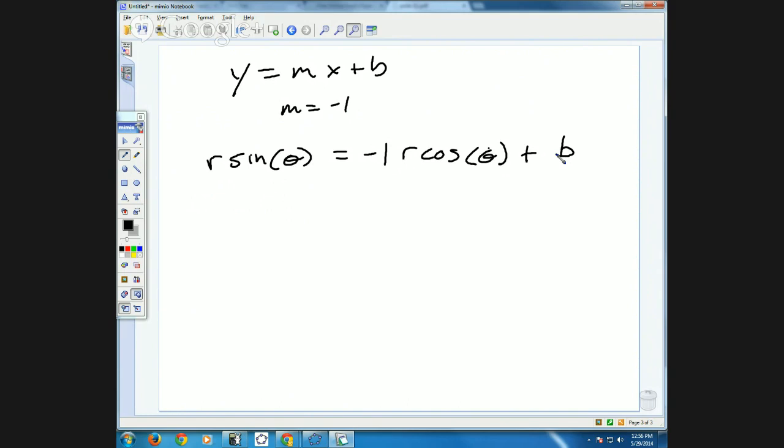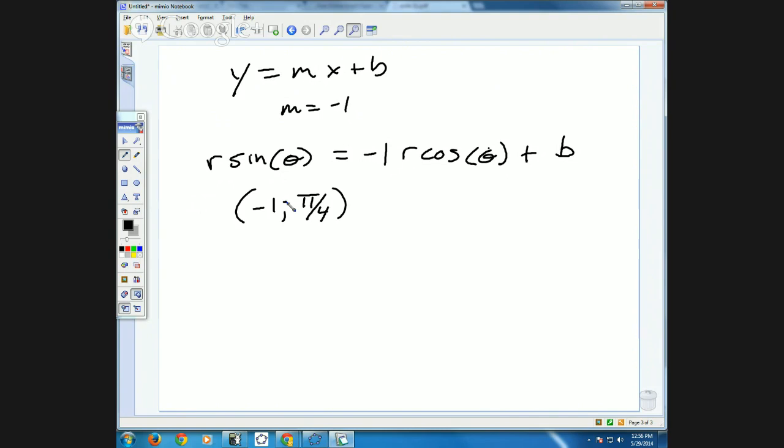We could solve for b. So how would we solve for b? Well, we know the point we're going through is the point r, theta equals -1 semicolon pi over 4. Ooh, I wrote that backwards before. Points are usually stated r then theta. So we could plug in here.